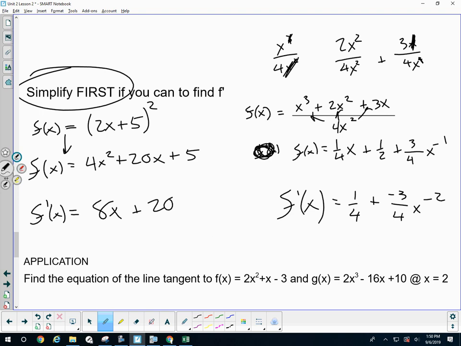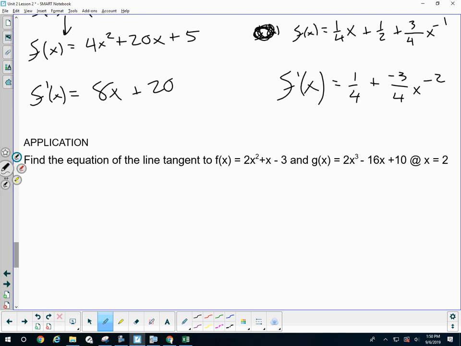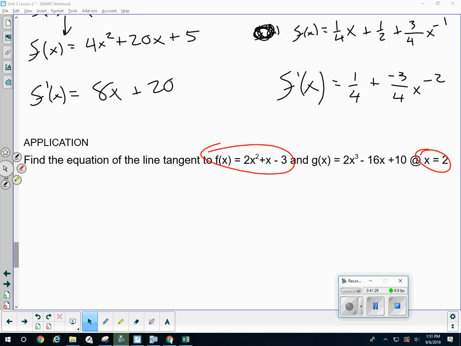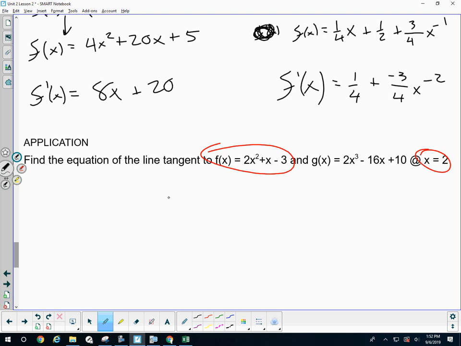Now let's do some cool stuff with these tangent slope generators that we can quickly find. Like stuff we've already done, but now you're doing everything of it. Find the equation of the tangent line to this. Equation of a line.